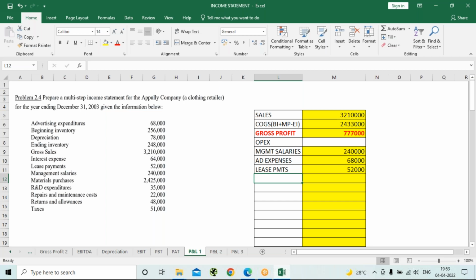Good. So Sinchana has given R&D expenses of 35,000. Is there anything else? Repairs and maintenance cost. So let me put it as R&M cost. That is a value of 22,000. Good. Anything else?